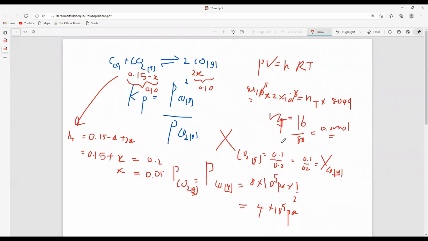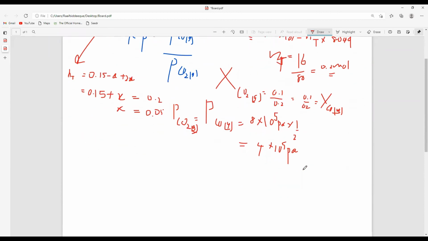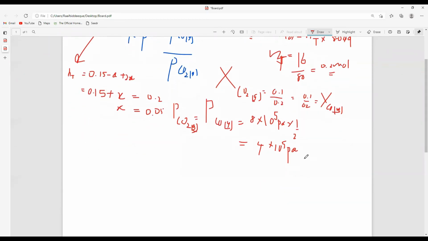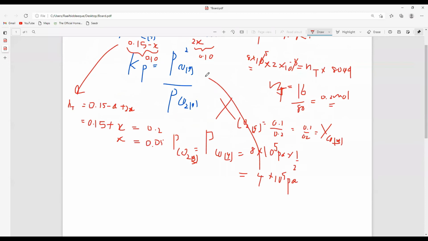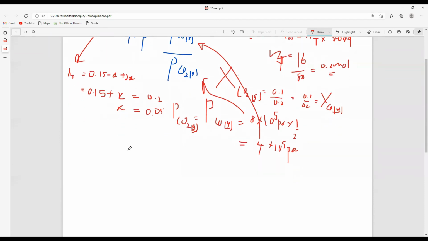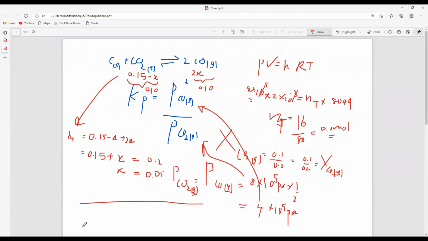So this becomes a very simple calculation. You see, I did this in a very simple way, even with these amounts. Then you can apply the values for the pressures here, and you can get Kp. Then finally, you have the equation. First, you can calculate delta n here.